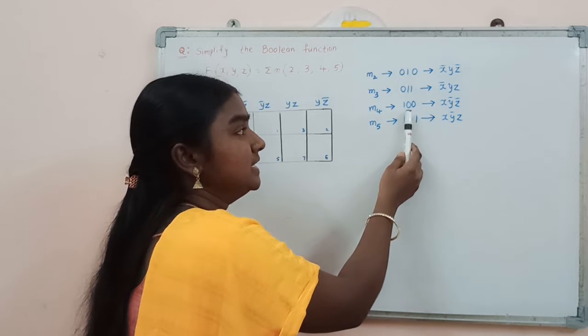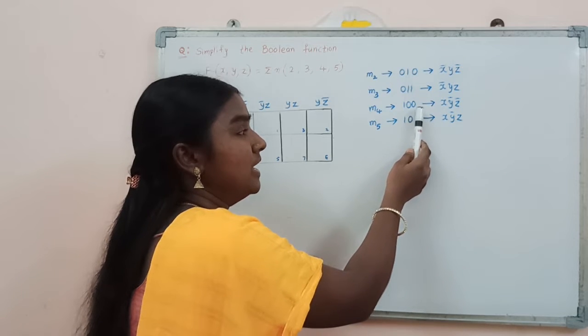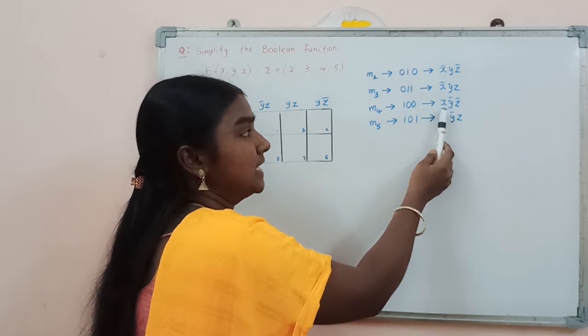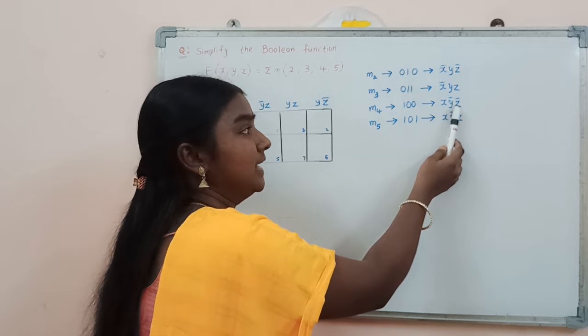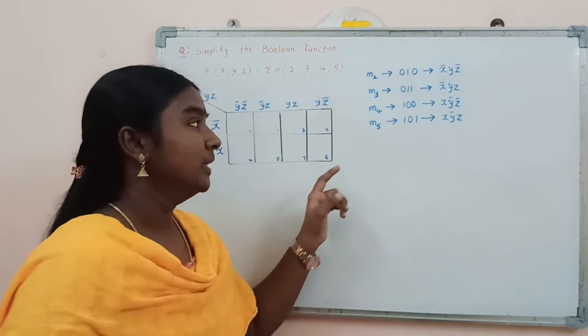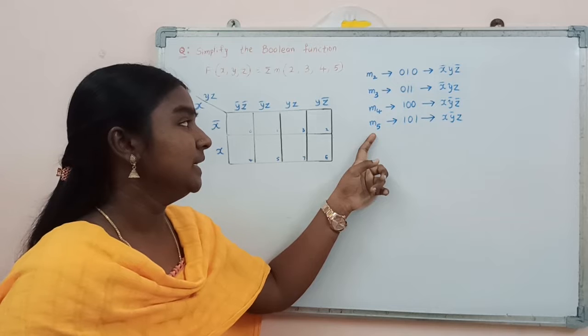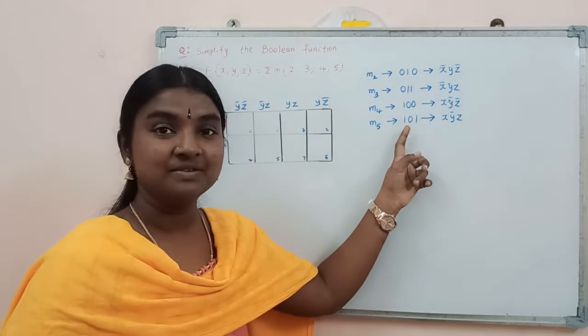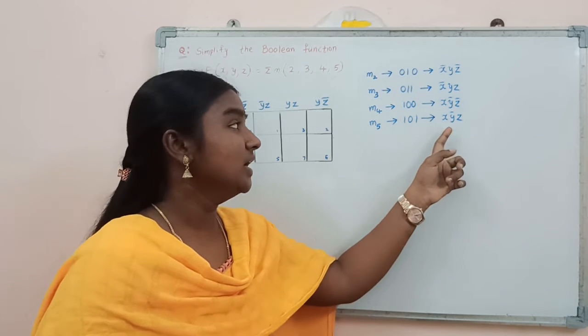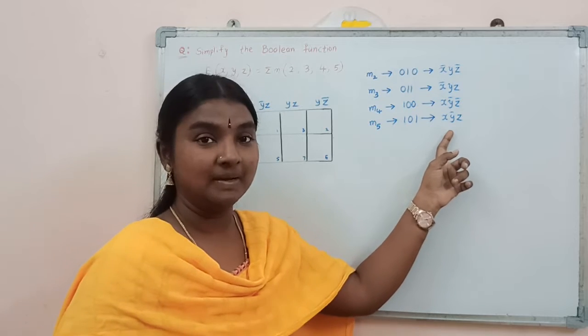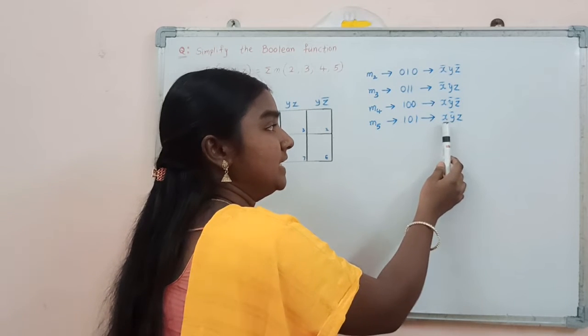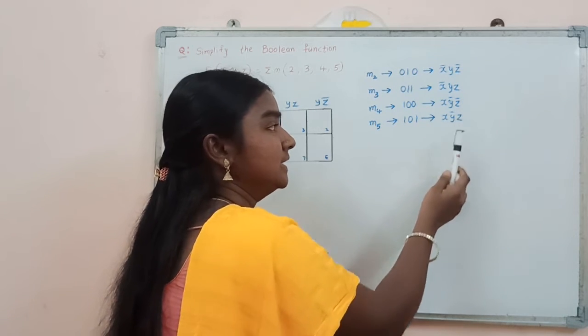For m4, the binary sequence is 1, 0, 0 and the respective product term is x, y complement and z complement. For the m5 minterm, the binary sequence is 1, 0, 1 and the product term is x, y complement and z.